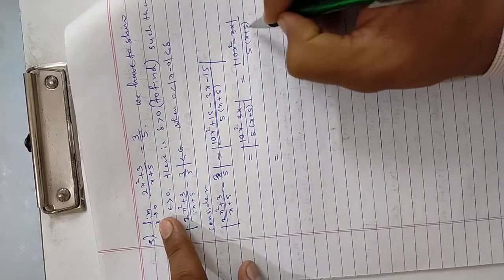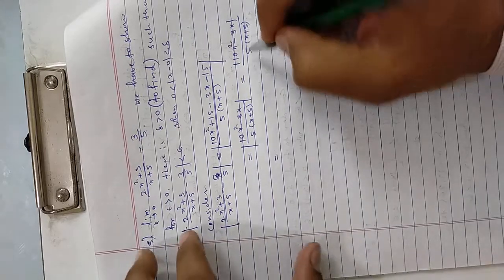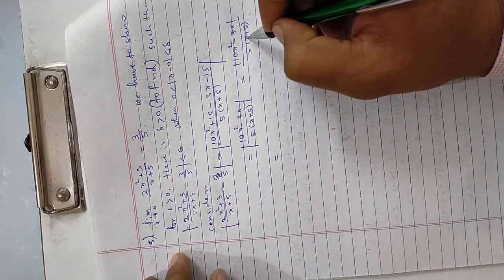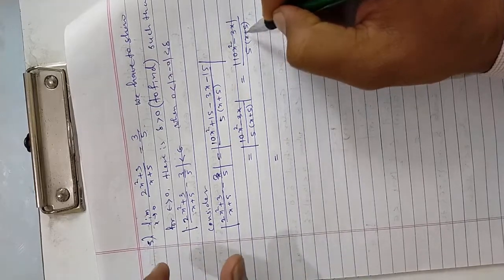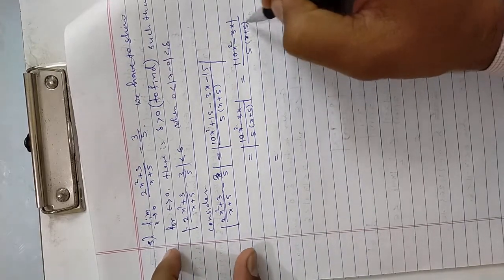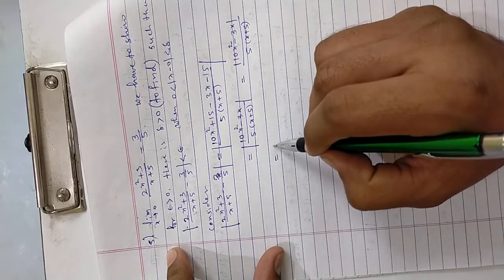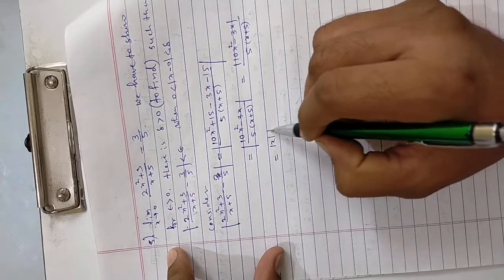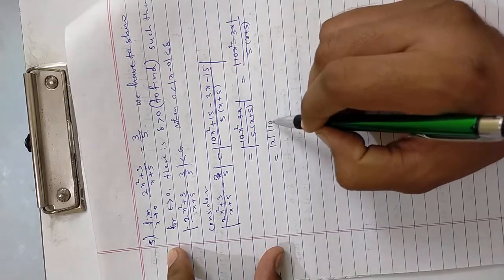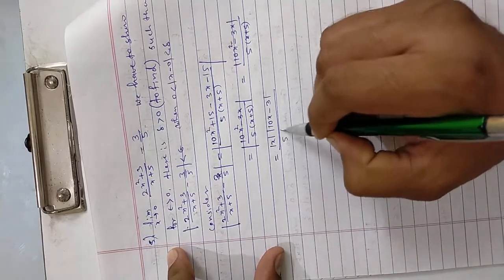We can take the denominator outside the absolute value because this is always positive, whether x is very small, near 0, positive or negative. Now we can take |x| common, so it will be |x| times |10x − 3| divided by 5 times (x + 5).